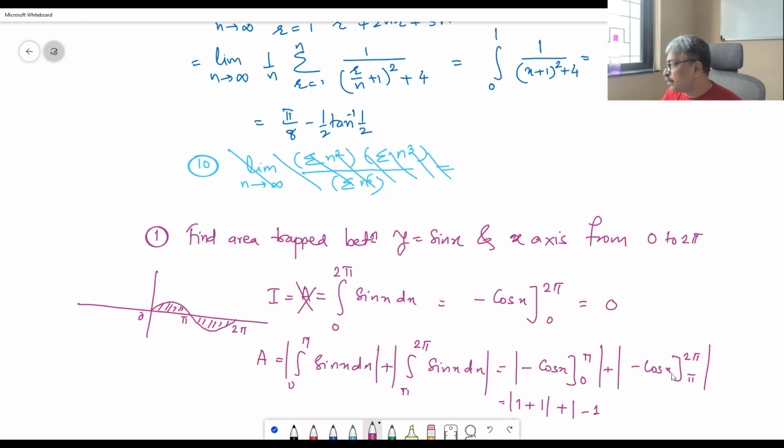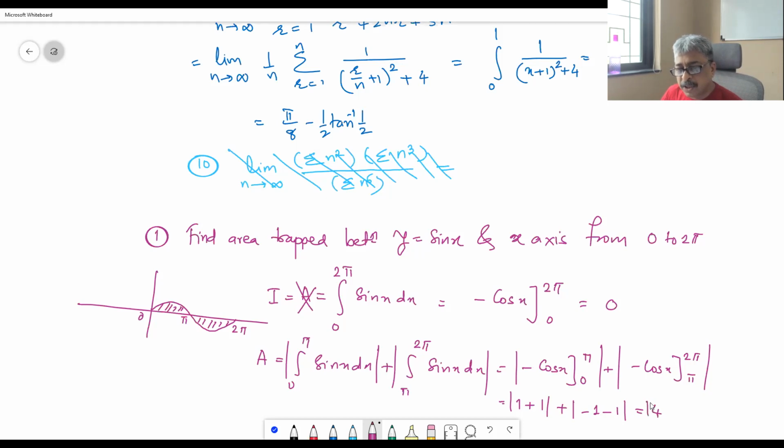And minus of cos pi is minus 1, and minus of that is plus 1, and minus in between, so minus 1. So it is 2 plus 2, 4.